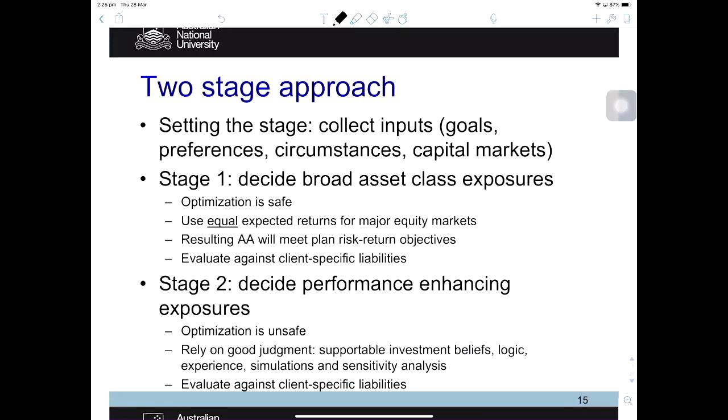And at this stage, you probably want to run sensitivity and scenario analysis as well, because the standard mean variance optimization is based on equilibrium level of expected returns or unconditional assumptions. So if your investment horizon is for the next 5 years, which will actually, in the Australian market, coincide with another election cycle.